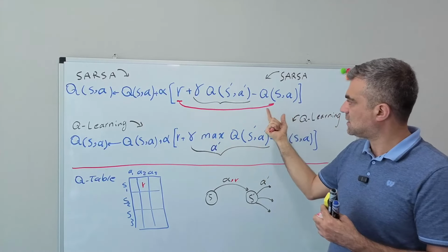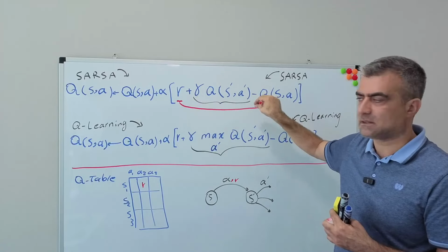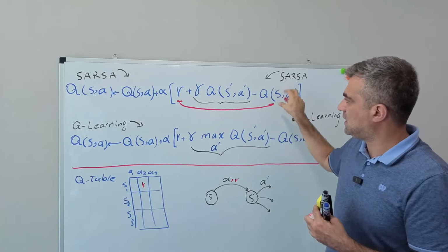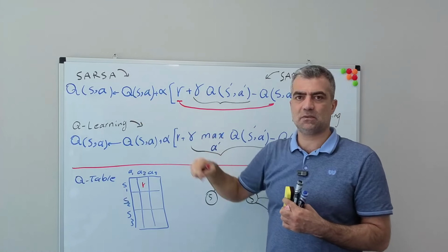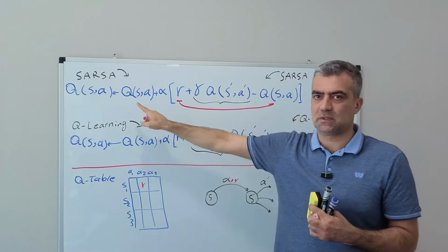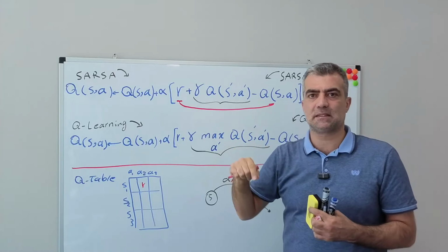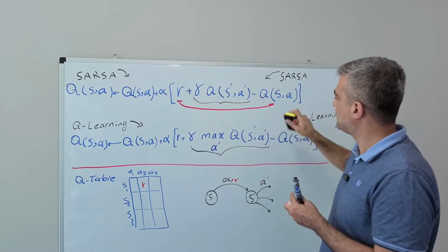Forget about this, it doesn't exist now. Either the value that you have here is positive, that means something will be added to your Q value, or to your previous reward, or it is negative, it means that something will be subtracted. So this is this part of the story.